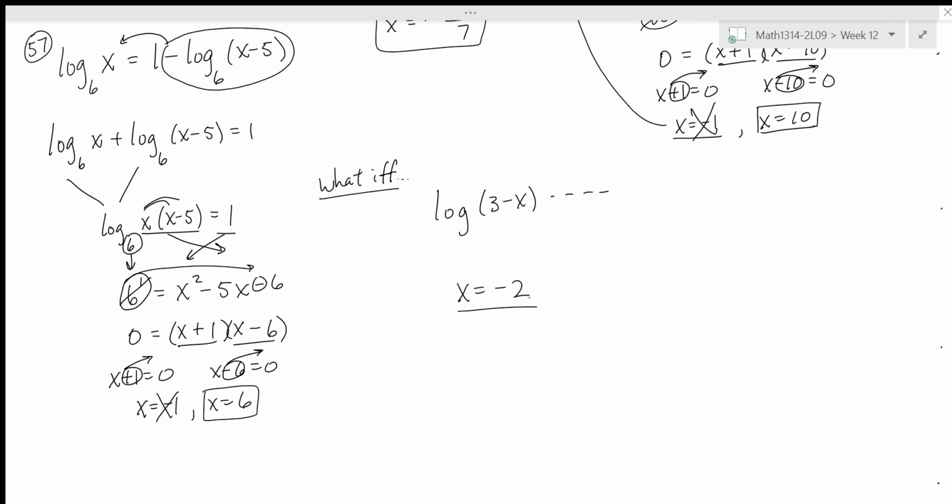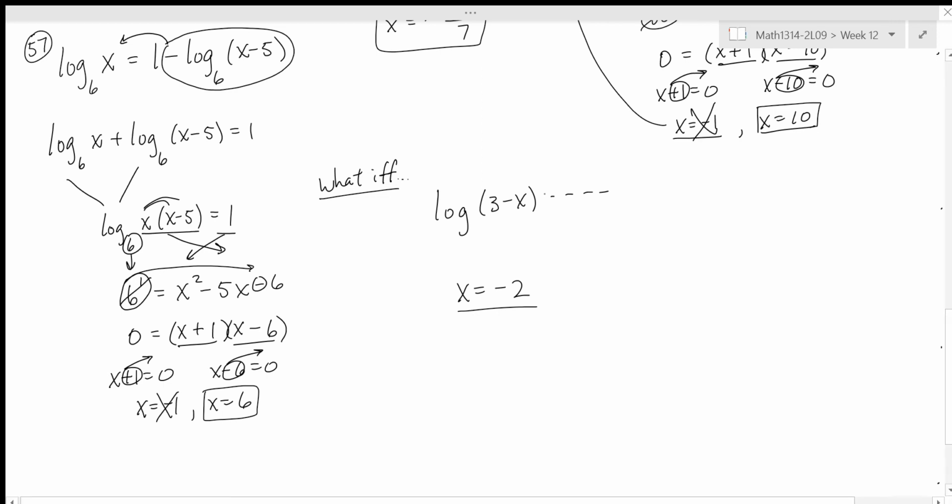Huh? What did I say? 6? I'm sorry. Been hanging around y'all too long. So, a negative and a negative make a positive. 3 plus 2 is 5. And I can take the log of 5. There's not a problem with that. So do y'all see, in this case, the negative answer may be a good answer, because this is not a violation here.